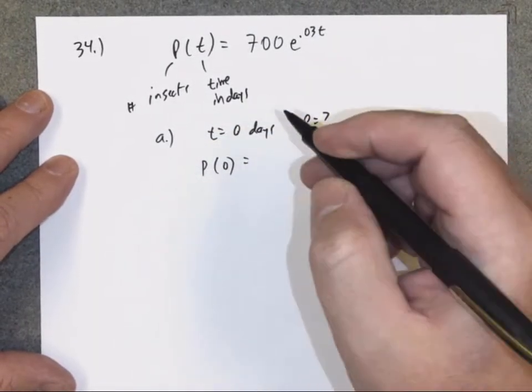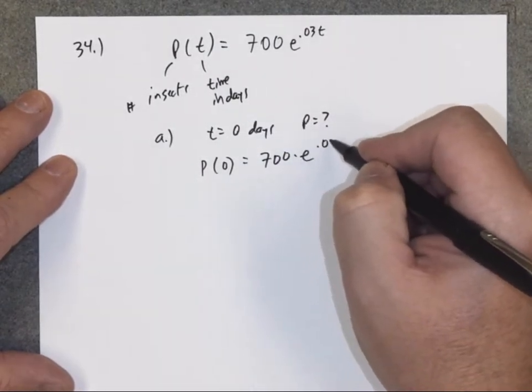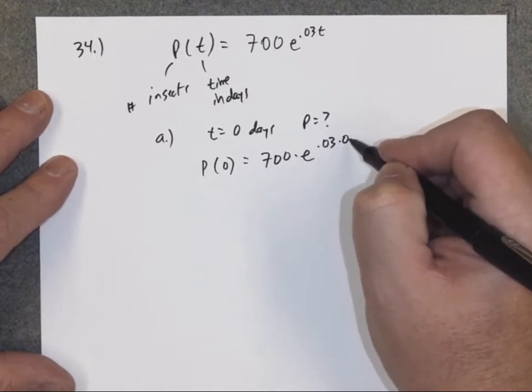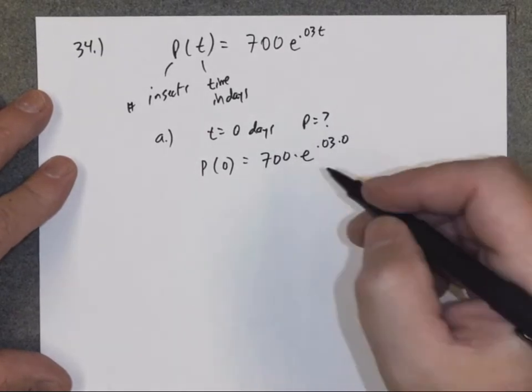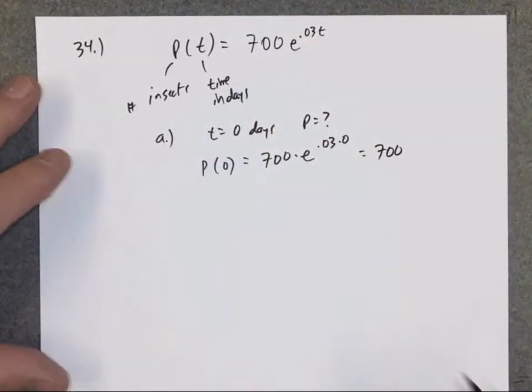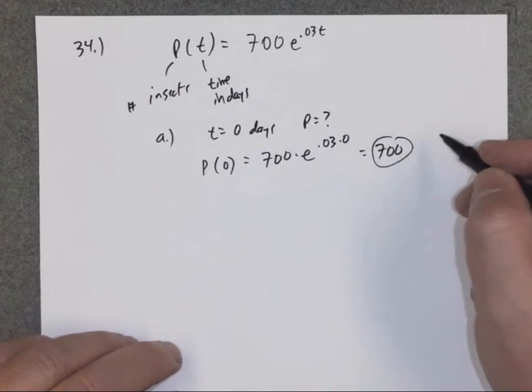So P of 0, 700 times e to the 0.03 times 0. What's 0.03 times 0? 0. What's e to the 0? 1. That's why we call the 700 the initial value. It's always the answer when the time is 0. So here's the answer to part A.